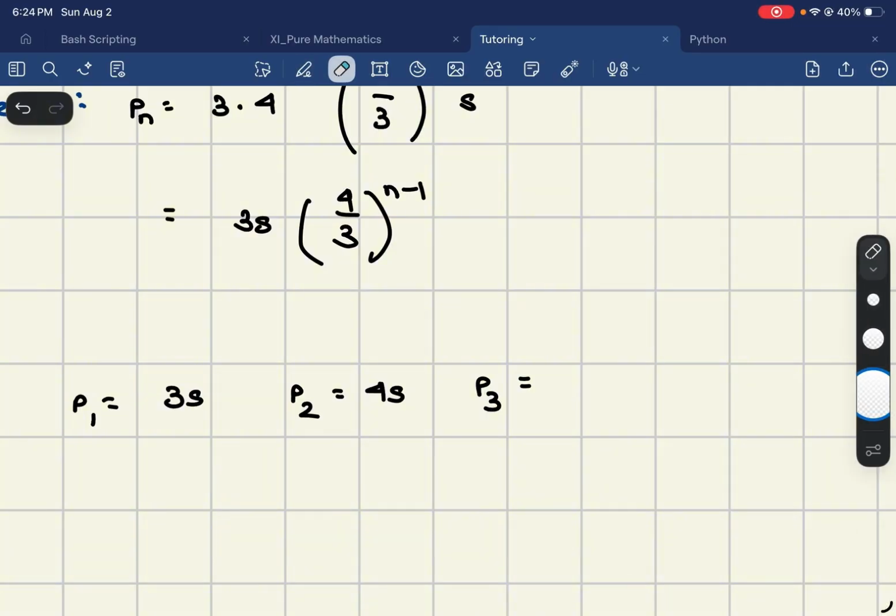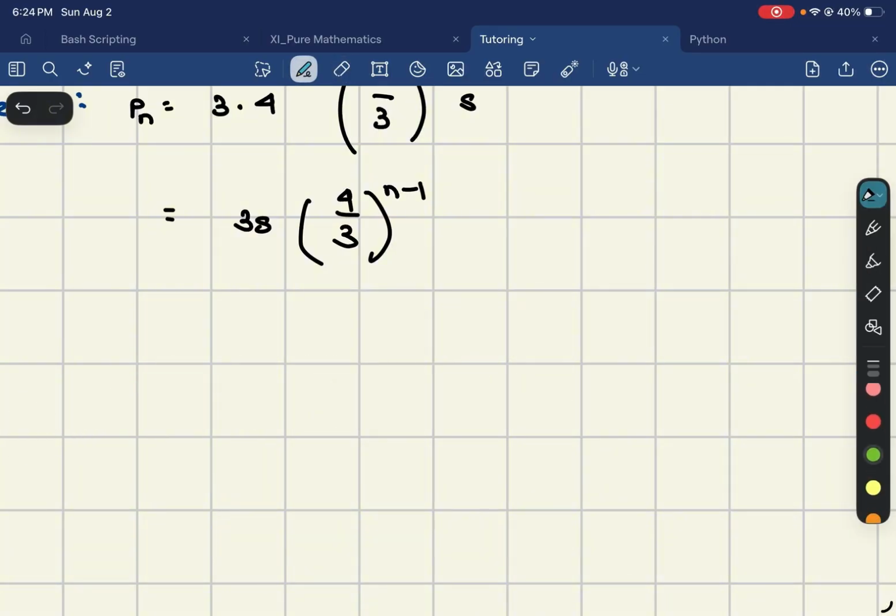Basically, what is the common ratio? If you think about it, the common ratio is 4 over 3. Basically, 3s is getting multiplied by 4 over 3. So you have a geometric sequence.